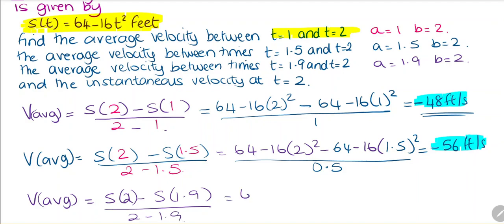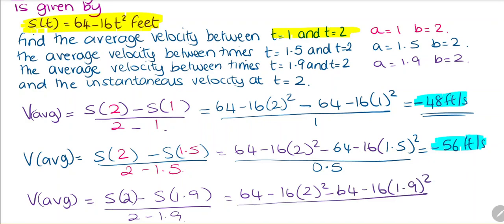So 64 minus 16 times 2 squared, minus 64 minus 16 times 1.9 squared, divided by 0.1. So this time we should have minus 62.4 feet per second.